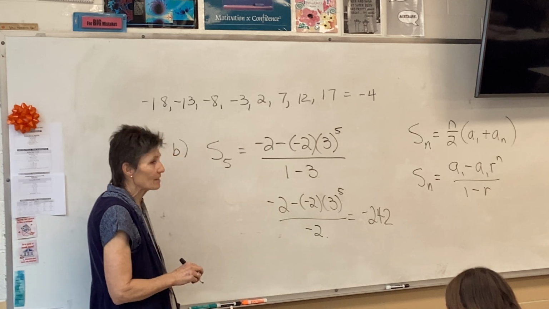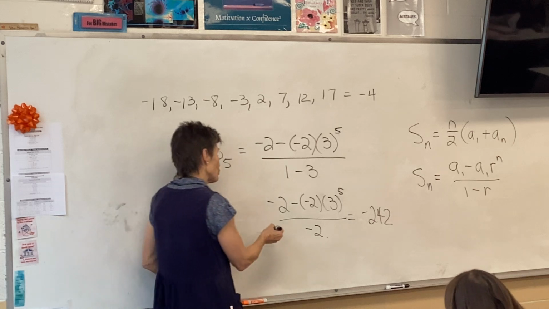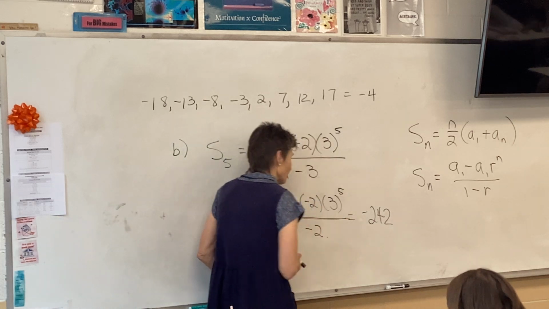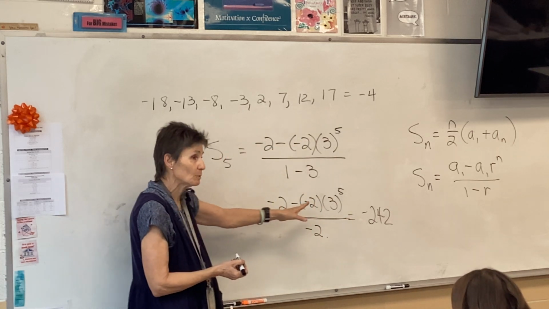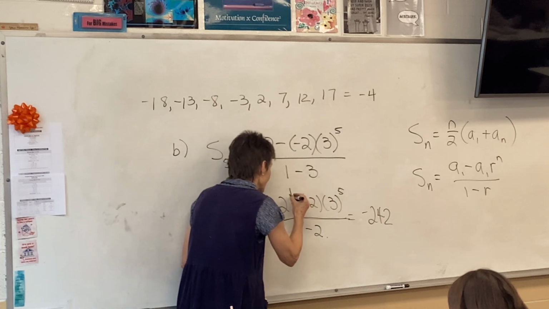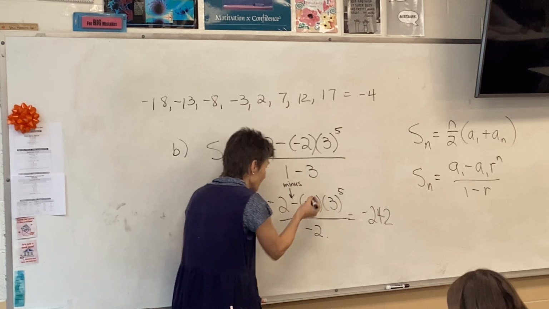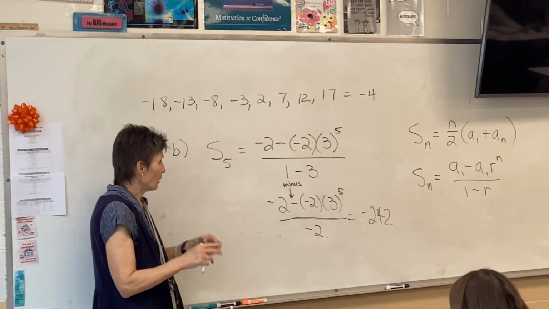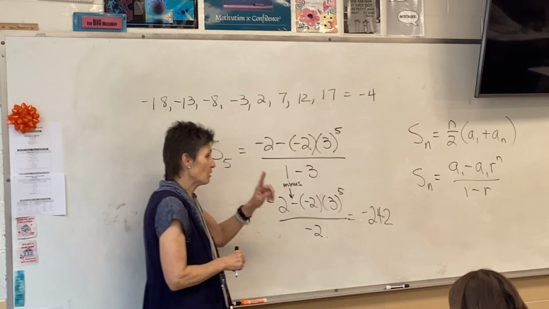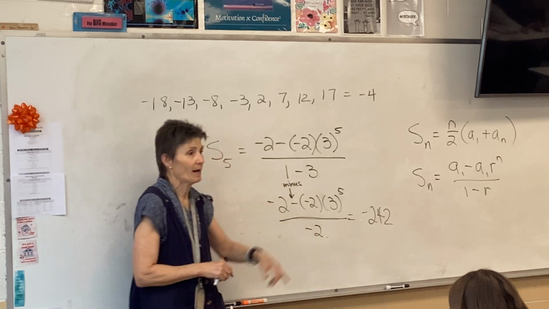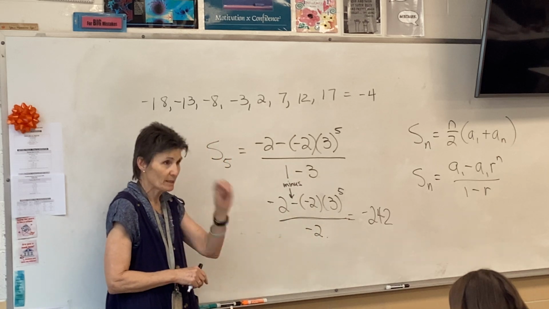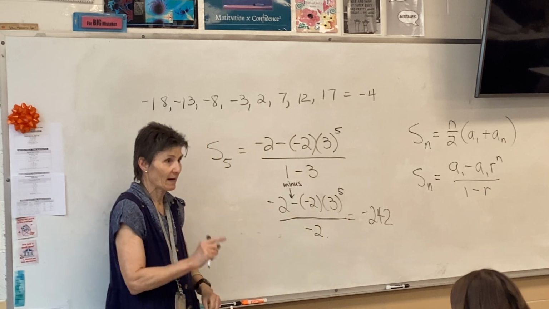So if you didn't get that, try it again. Make sure after you type in all the numbers on the top, and you're going to type exactly what I wrote. This is a minus. That's your minus sign. These are your negatives. You're going to type it all in, hit equals, and then divide it by negative 2.